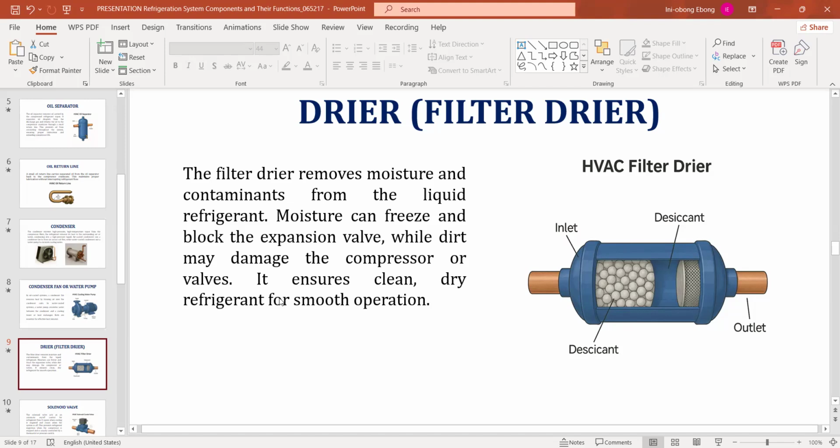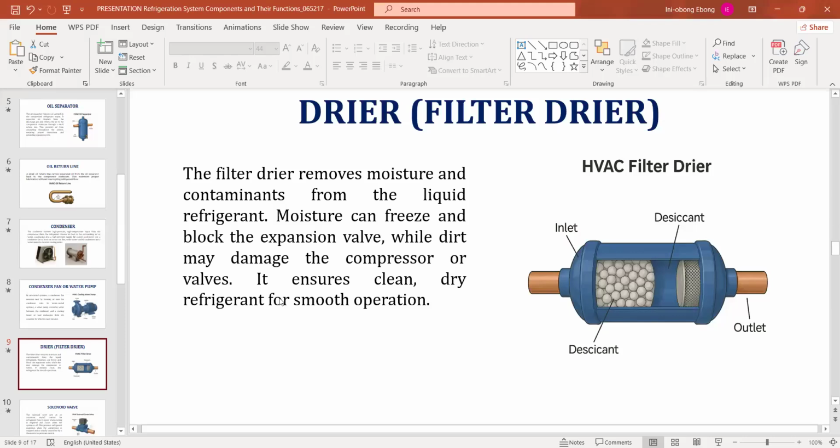You leave your house for a long time and leave your shoe. When you come back, what happened? You see moisture over the shoe. If you try to clean it, most times that shoe might peel. But if you have silica gel there, moisture will not go near that shoe or any of that electronic. The same thing happens in the system. We have silica gel which fights against moisture in the system.